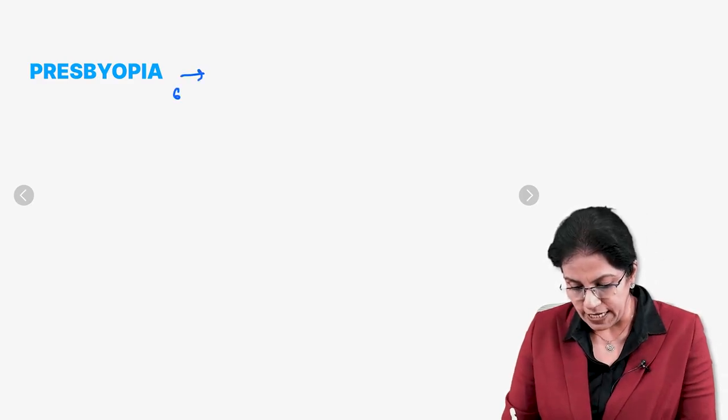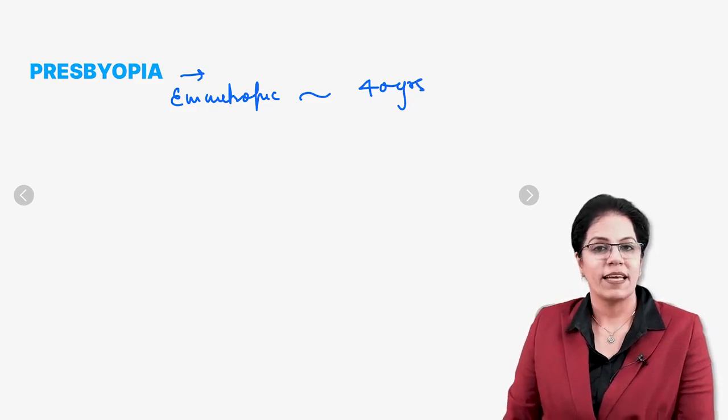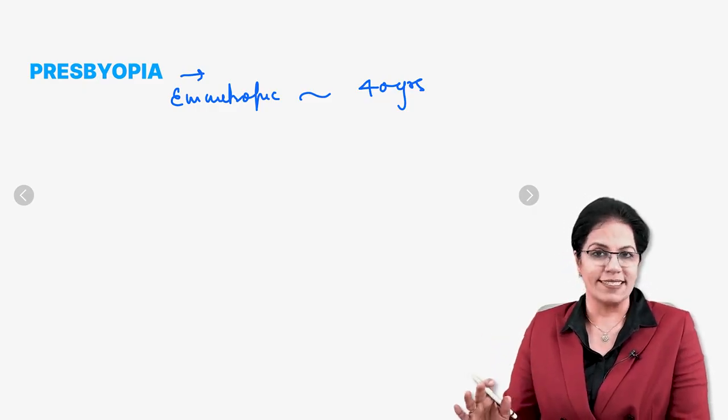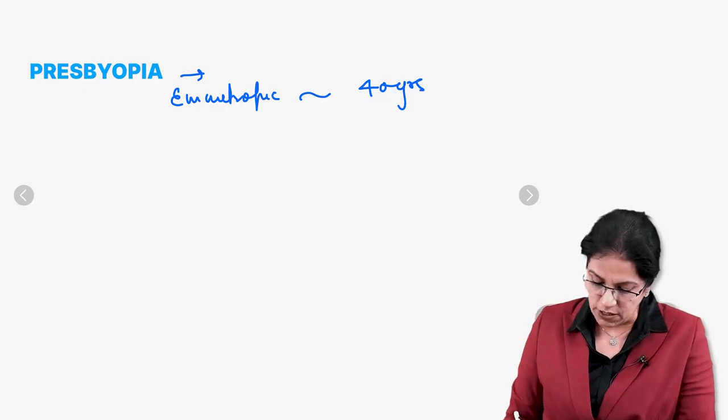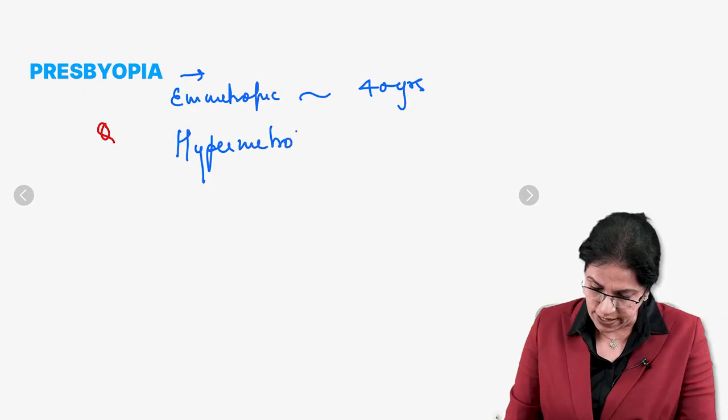Okay, if we are clear with this, next important thing. Generally in an emmetropic eye, presbyopia is going to set in by 40 years, plus minus 1 year, but generally 40 years. Some people may have some physiological change, but we have to learn this. Now, the question was, if your patient is already hypermetropic, will this presbyopia set in early or late?